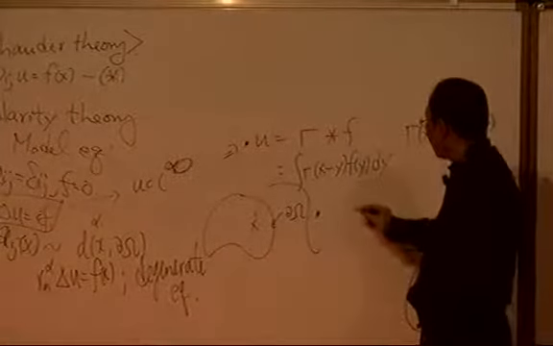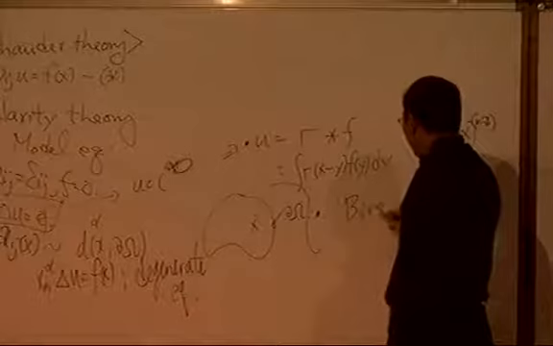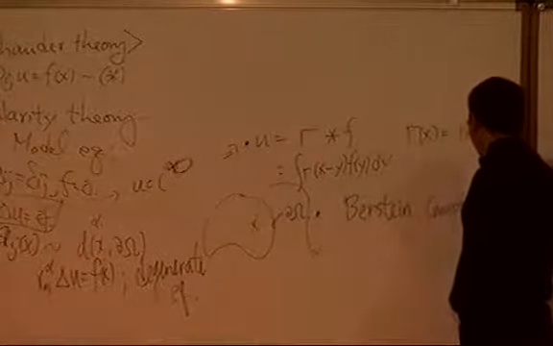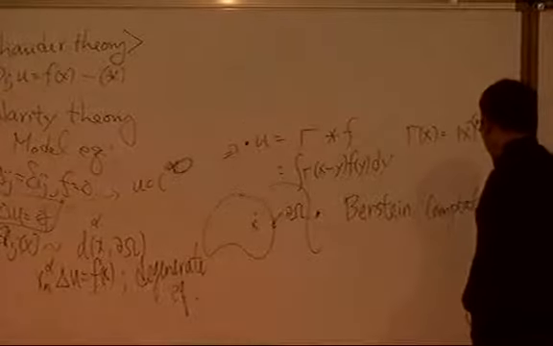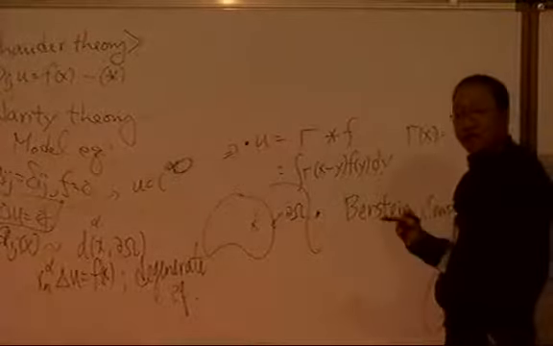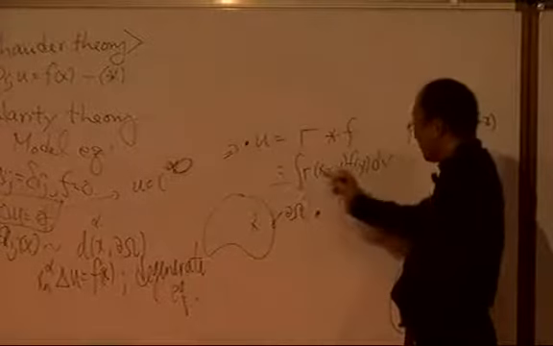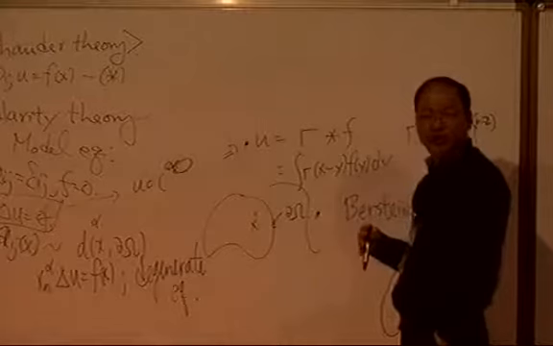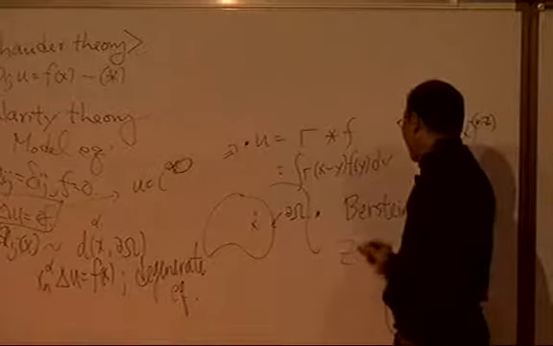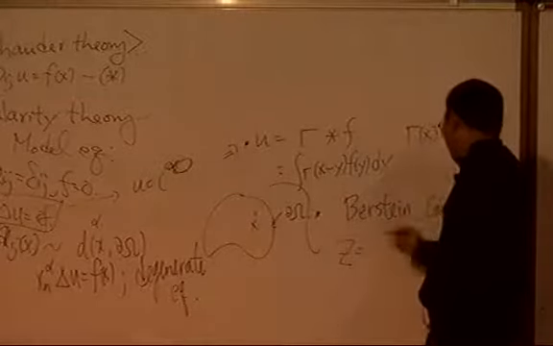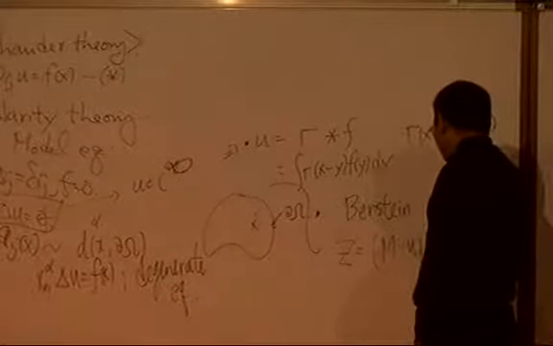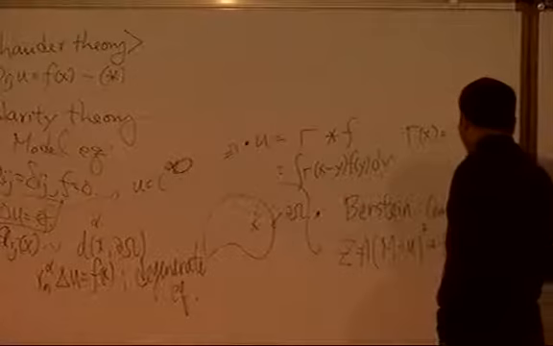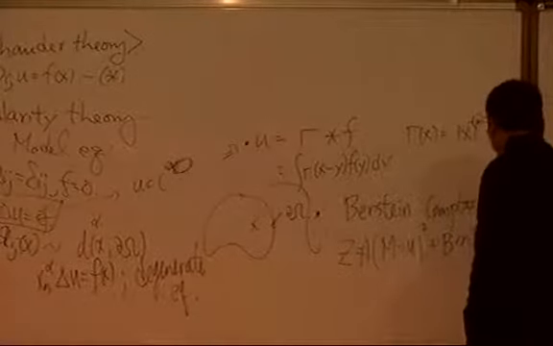And the other one is what we call the Bernstein computation. Bernstein computation is, instead of looking at this one, which really depends on the linear structure of the operator, we look at a different quantity, like (A minus u squared) times eta squared, plus B times the gradient of u squared.